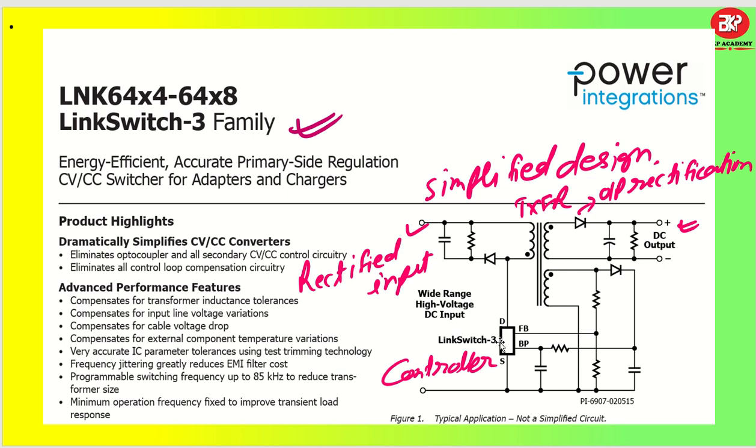The rest of these things we already know: this is my secondary side rectification, and these are the capacitors and all. We'll see each and every part's design one by one in our design tutorial right now.